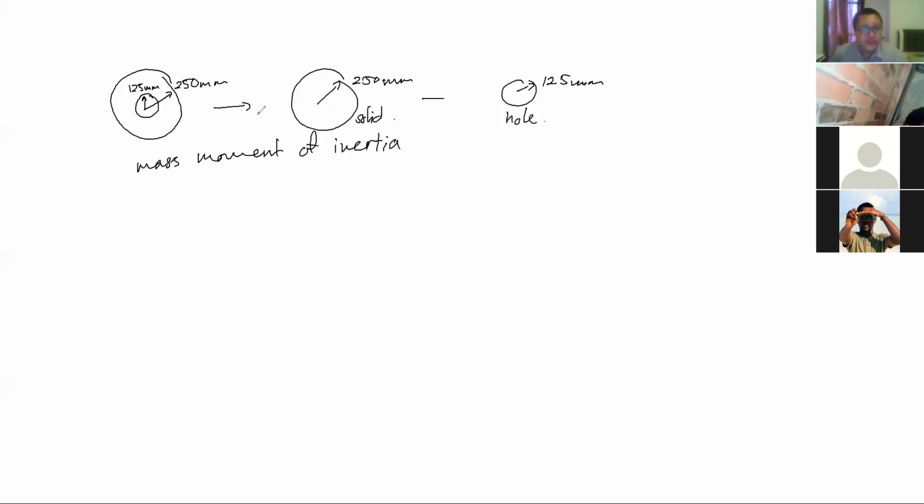Okay, so then we will get this object, we call it this plate. It's just like your CD, or DVD for that matter. And the thickness is, let's say, 10 mm. Quite thick.